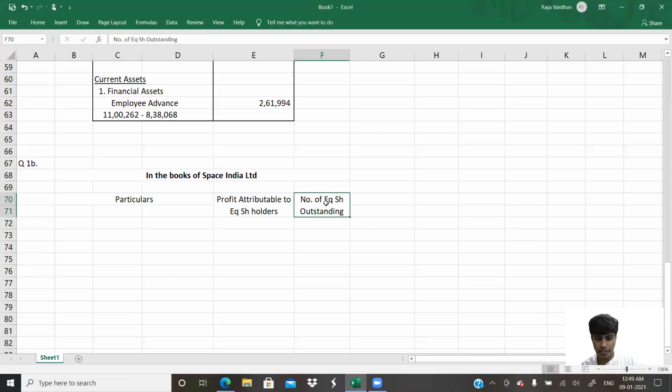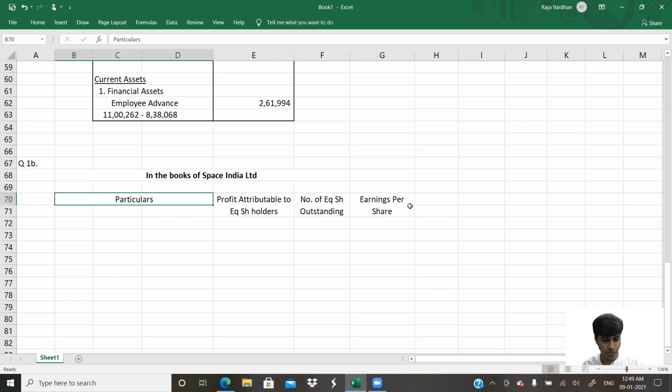Then that's it, EPS, earnings per share. Whether it is diluted or not doesn't bother us; we're trying to just find it.